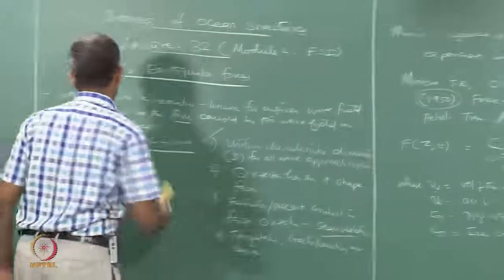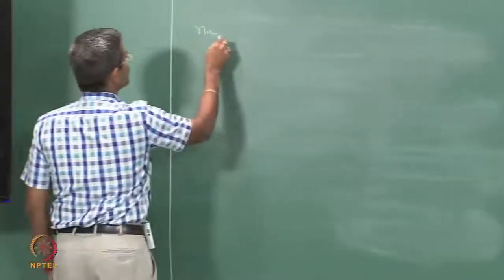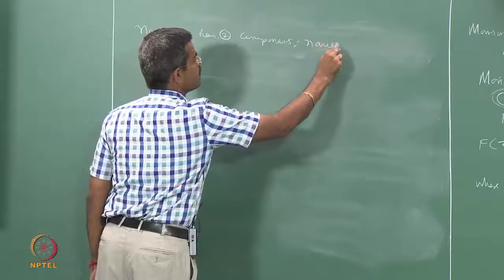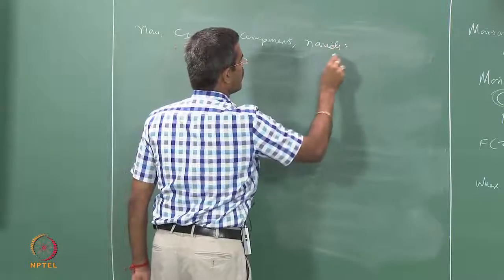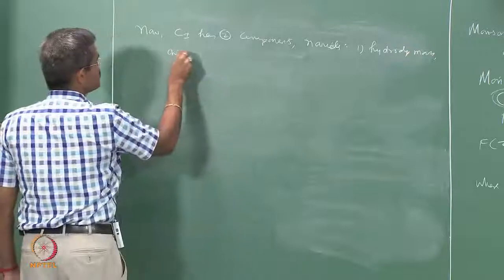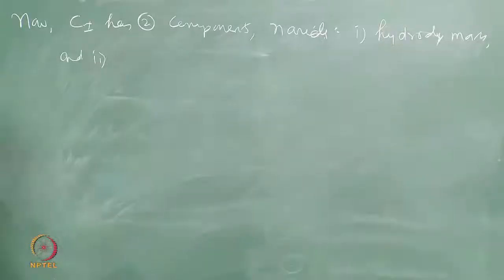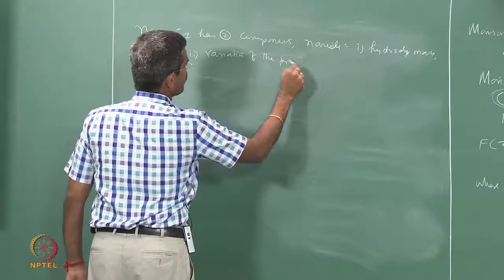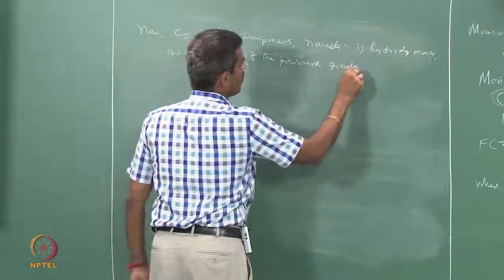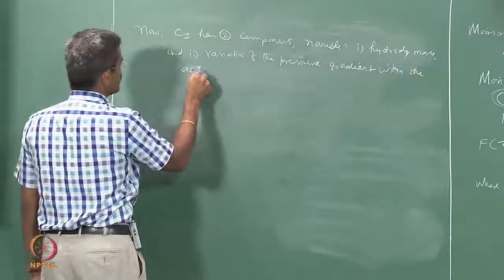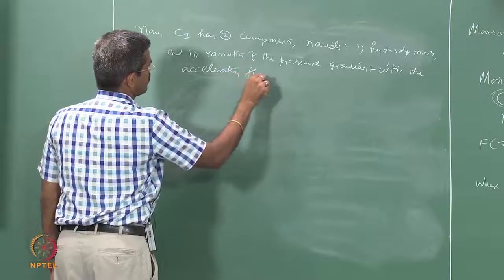If you look at this equation carefully, the component Ci has two subcomponents. One arises from the hydrodynamic mass, and the second arises from the variation of the pressure gradient within the accelerating fluid particles.